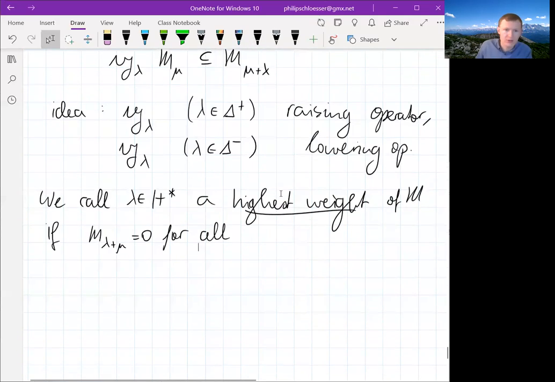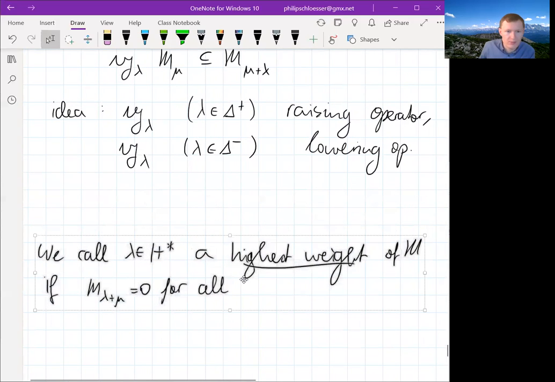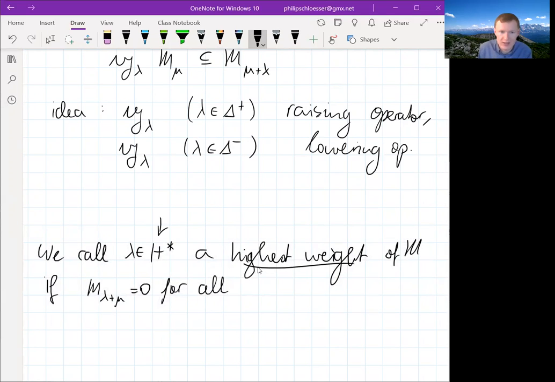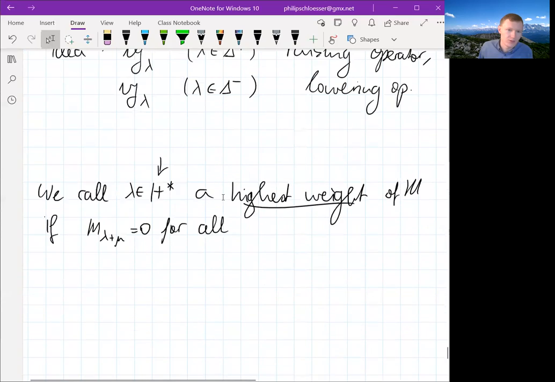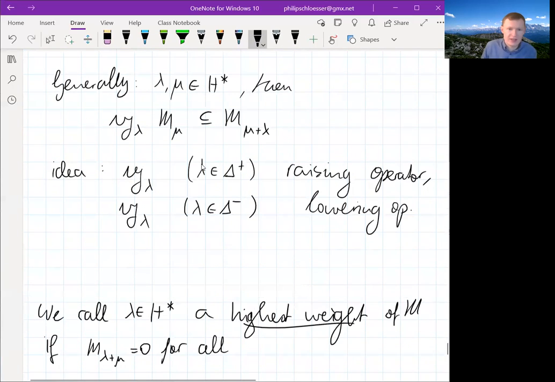Oh yeah, okay, maybe I should have introduced some general terminology. The elements of the dual space of H are called weights, and the ones that have a non-zero root space associated to them are called roots. And now we have some notion of positivity and negativity for roots. The question is, can we also talk about positive and negative weights? And yes, we can.